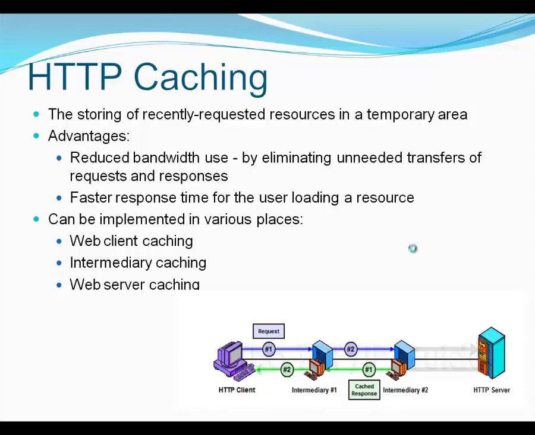If the object is still good, they will respond with 304, that is the Not Modified status code. If the object is modified, then a 200 response code will come, and with that 200 response, the new object will be delivered. So the If-Modified-Since header is useful in terms of validating the object.